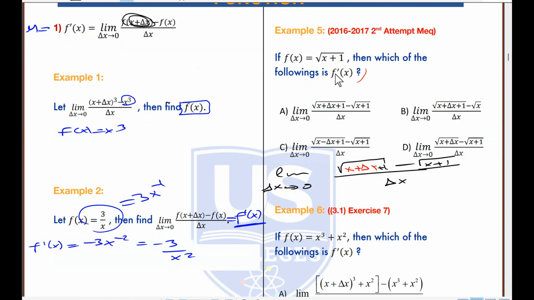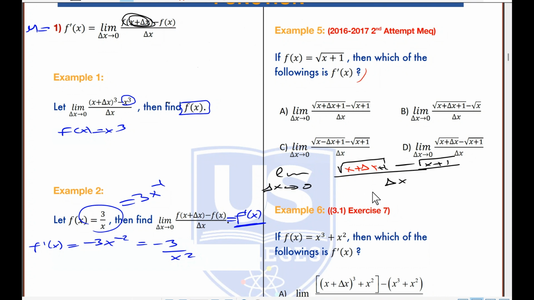So when you solve these type of questions, you write the form here, and then try to evaluate this at x plus delta x and substitute everything back in the form.